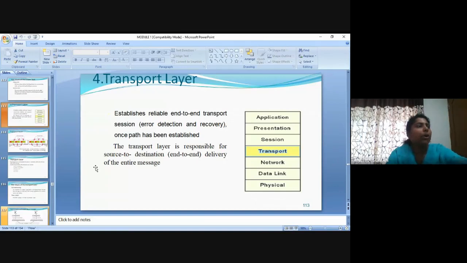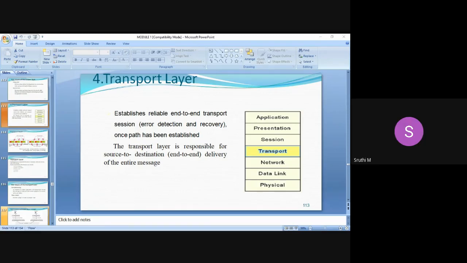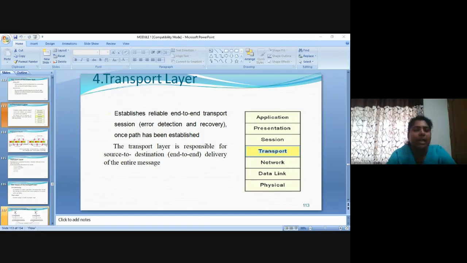Now, Shruti, what are the functions of the application layer? It enables the user to access the network-specific services. Okay, it helps in providing services to the user.